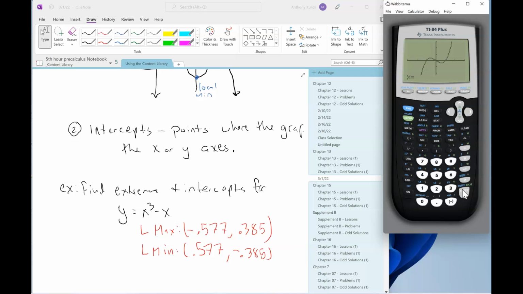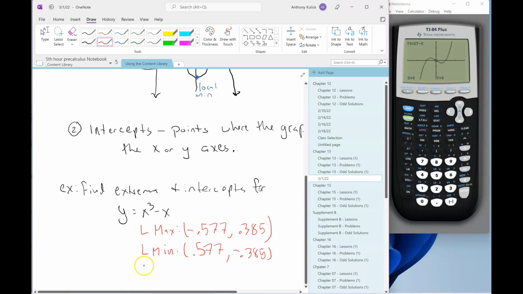What is the x coordinate for every y-intercept? 0. So when I'm looking for a y-intercept, I'm always going to pick 0 for x. And then I just press enter and it says the y coordinate there is also 0. That's not very satisfying, but it does support exactly what we saw in the picture.